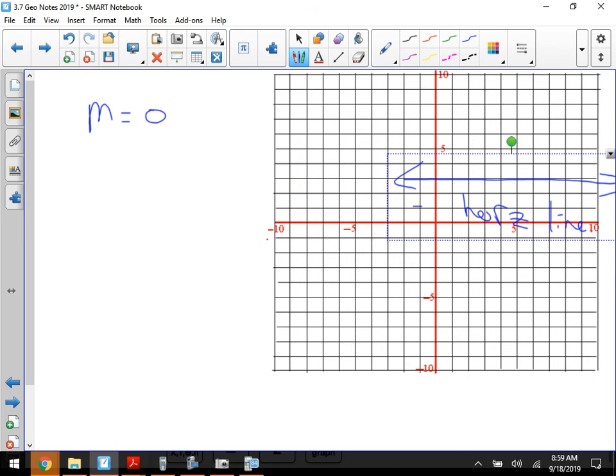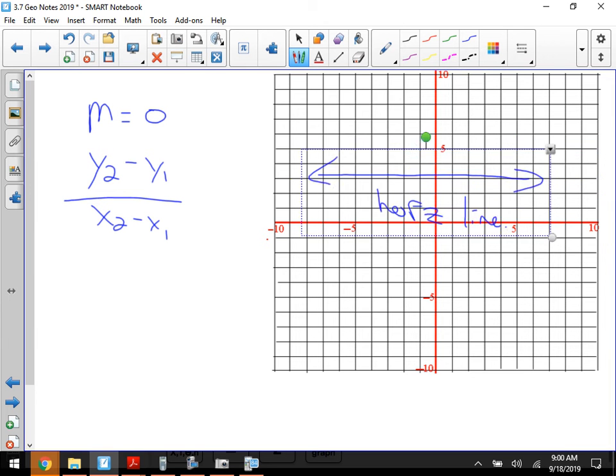So to have a slope that's 0, when you think about the formula for slope, if the y value remains constant, you get 0 in your numerator. If my y value is 3 here and it's 3 here, what's 3 minus 3? 0.